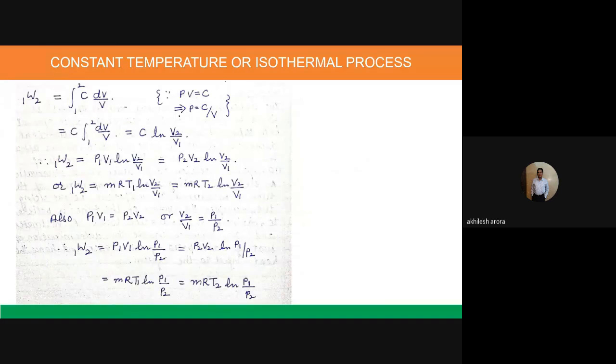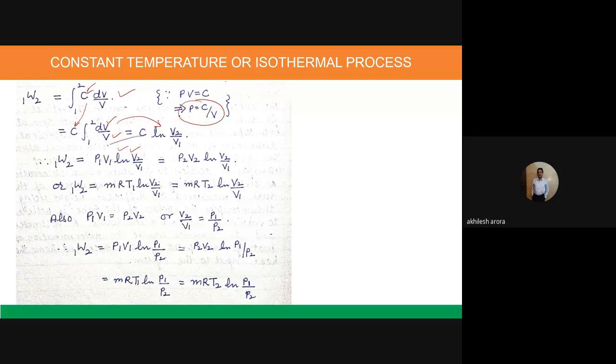In the next step, here you can see I have replaced the value of P here. P is replaced by C by V. Now this C being constant can be taken outside the integration sign. So on integrating I will get log V2 by V1. This is simple.